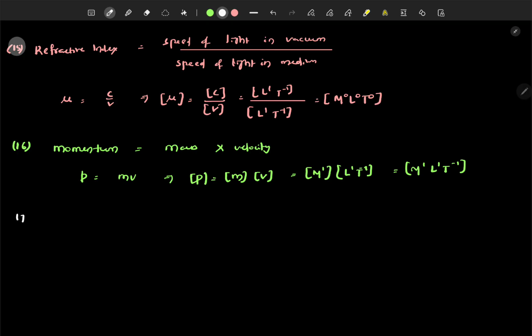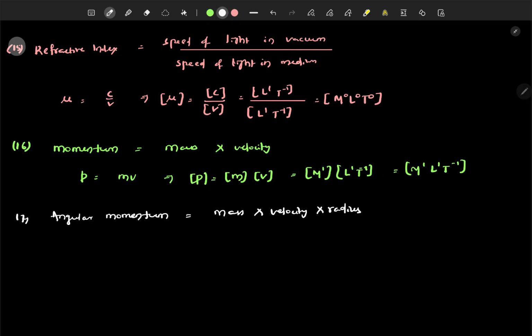Next is 17, angular momentum. Angular momentum, simply remember the formula, mass into velocity into radius. It is a vector quantity, L vector equals R vector cross P vector. So don't go through it in detail.